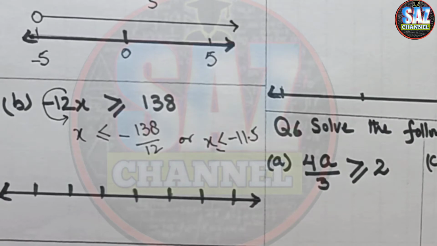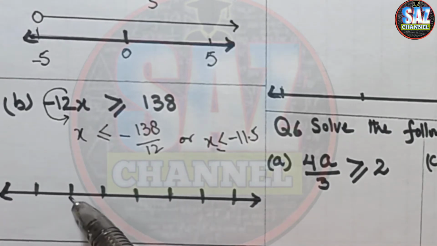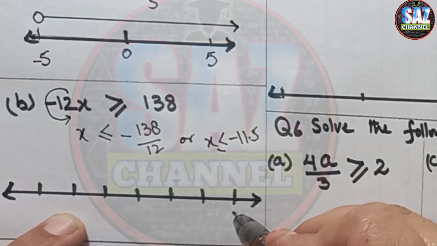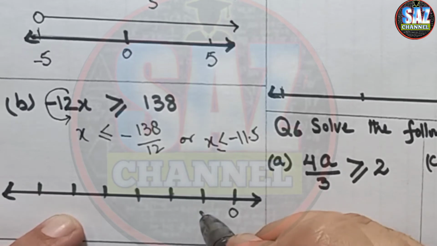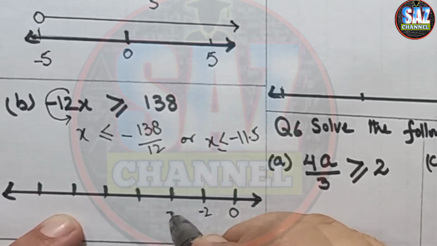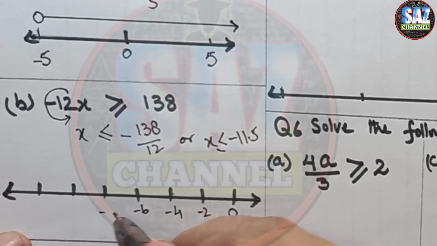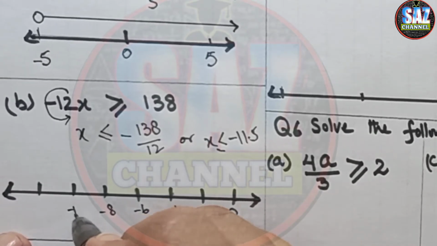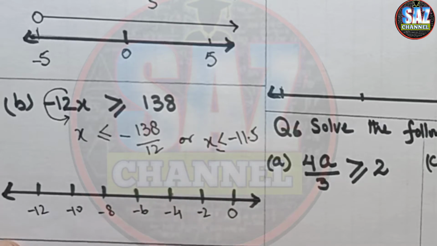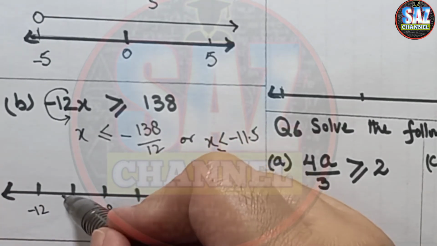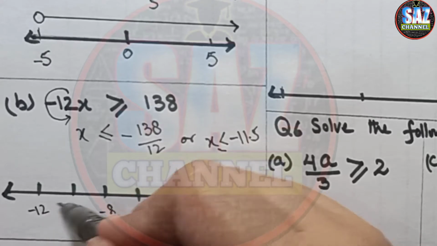So what we can do is 2, 4, 6, 8, 10, 12. So I need the values. So I can take 0 here. This is minus 2, minus 4, minus 6, minus 8, minus 10, and minus 12. 11.5 will be right between 10 and 12.